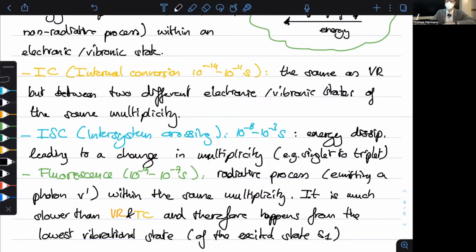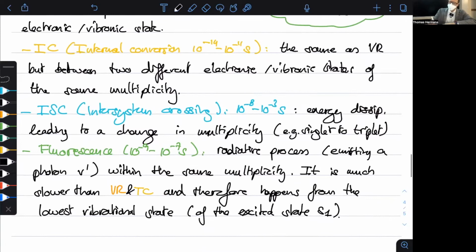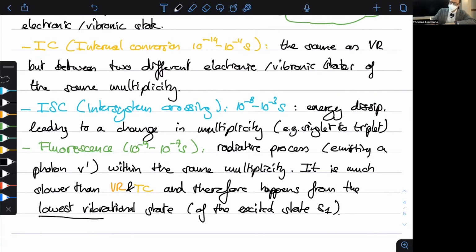S1. Okay, and since all these things have names, this is called Kasha's rule.